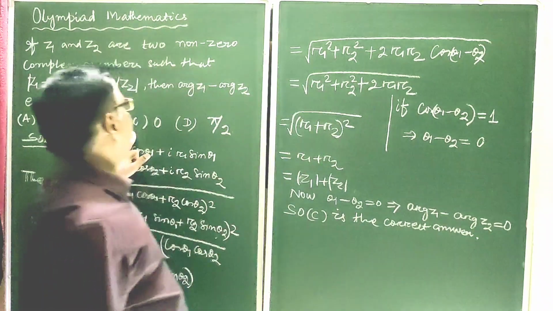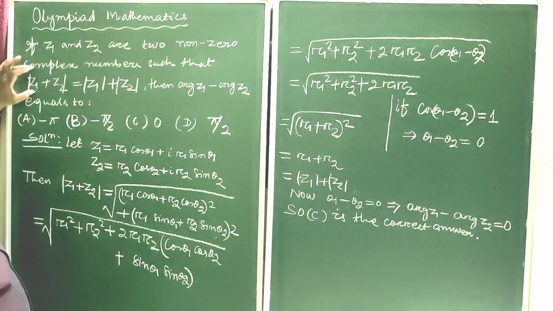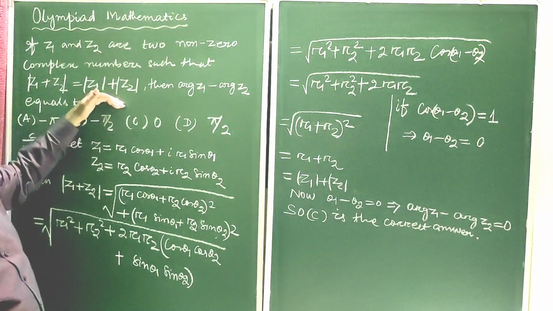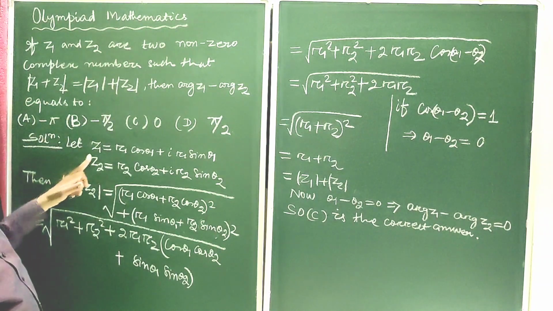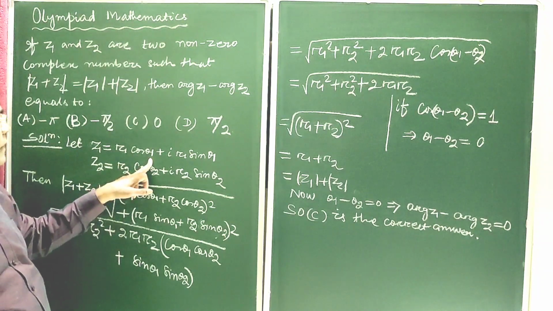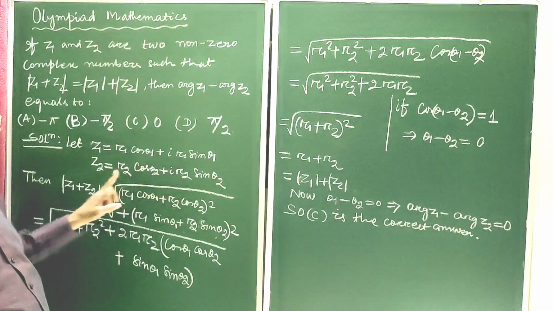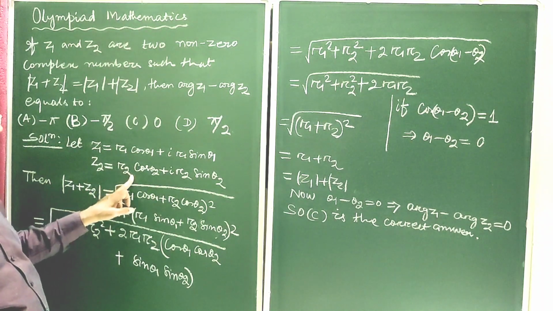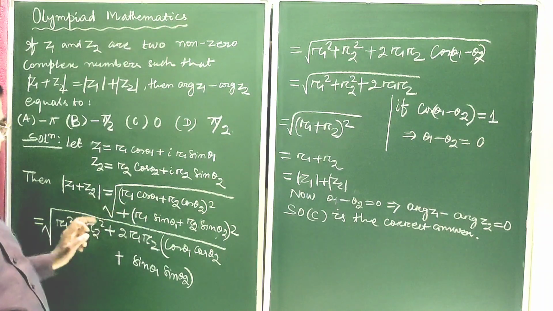So here the question is Z1 plus Z2 whole absolute value is equal to Z1 absolute value plus Z2 absolute value. First of all, we have taken Z1 is equal to R1 cos theta 1 plus I R1 sin theta 1 and Z2 is equal to R2 cos theta 2 plus I R2 sin theta 2.